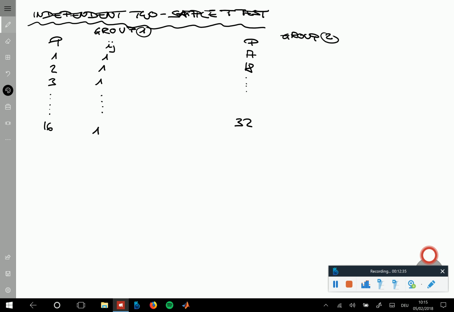So the first participant in that group would be 1,1, then 1,2, 1,3, down to 1,16. I'm here putting in a comma in the table. There's no comma. It's not important. It's maybe a little bit easier to see with the comma. In the second group, the first index is 2 for the second group. And then j runs again from 1 to the number of experimental units or participants in that group, which are also 16.